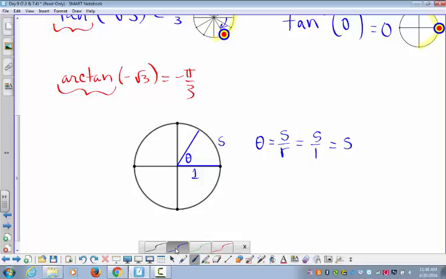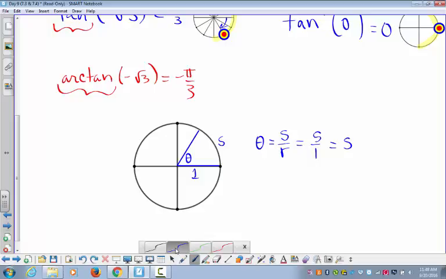Okay? Unit-wise, you may say, oh, well, s will have units of length because it's a distance. Theta would have units of radians if we're in radians. But they have the same numerical value. Right? So angle and arc are the same. So that's why they'll use the word arc.